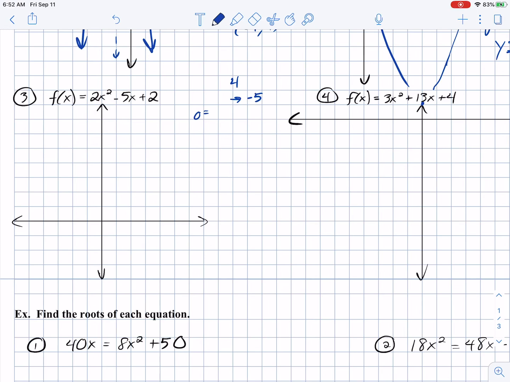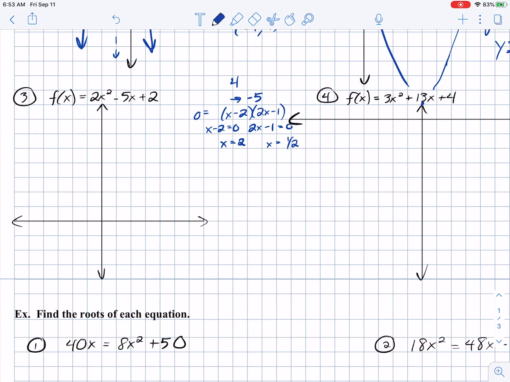If we are factoring, you should have gotten x minus 2 times 2x minus 1 when we set both terms equal to 0. We were going to get an x-intercept at 2. We were going to get an x-intercept at 1/2 after you add the 1 over and divide by 2.